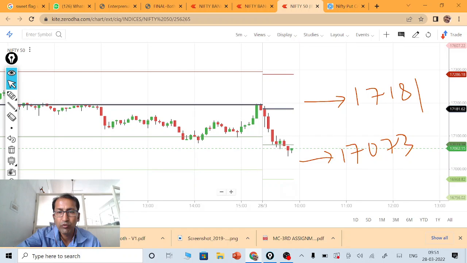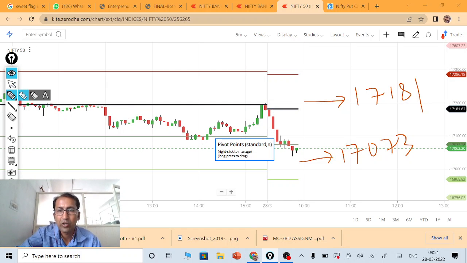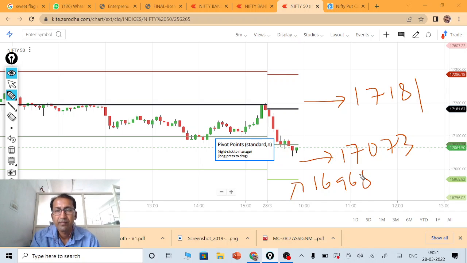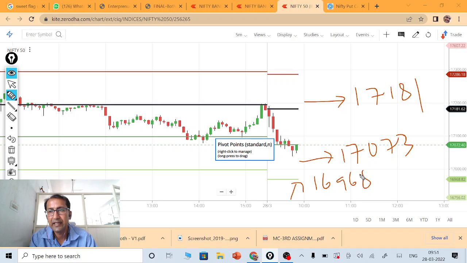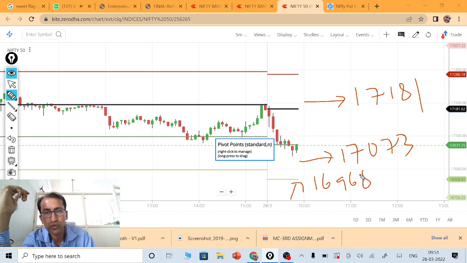The next major support will be around 16,968. Unless it is trading above the pivot, around 17,181, it is going to be a negative trade today, and it's exactly at that particular important support.